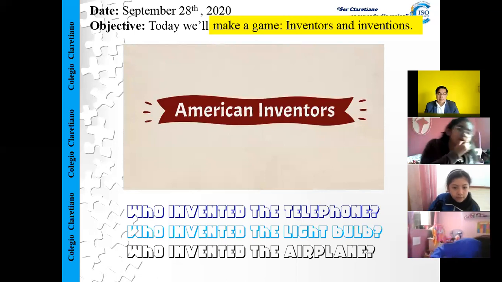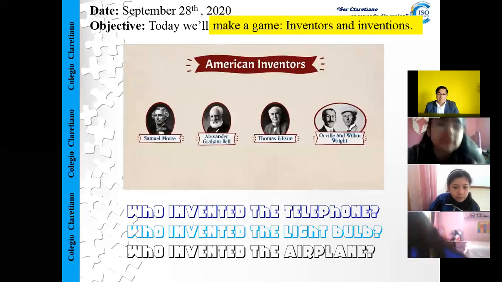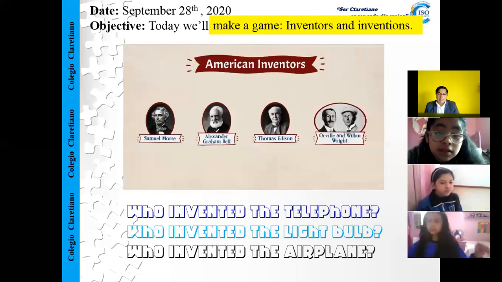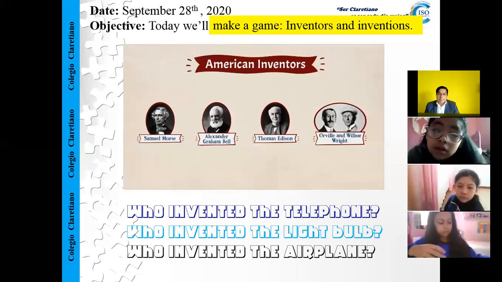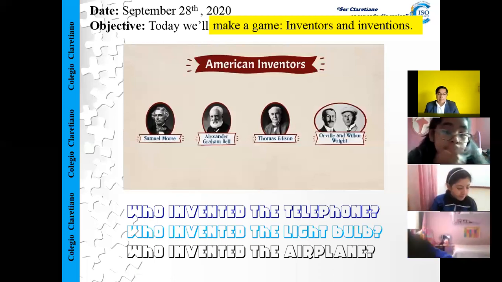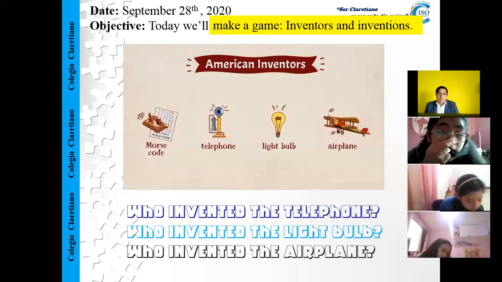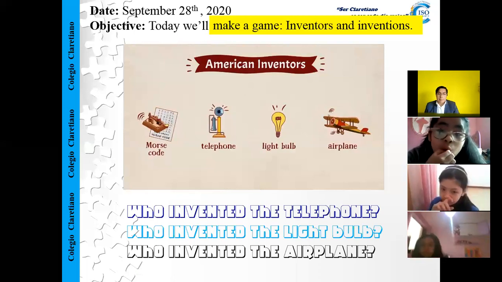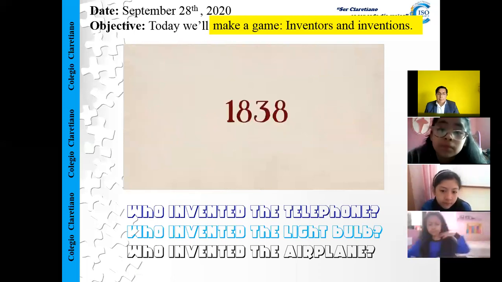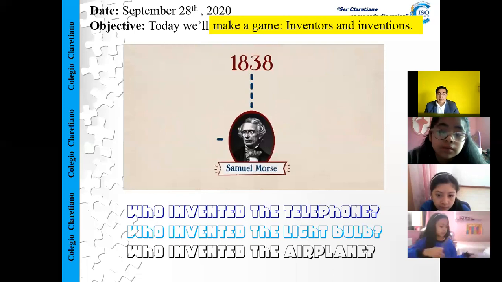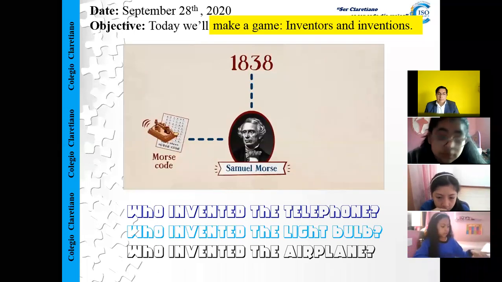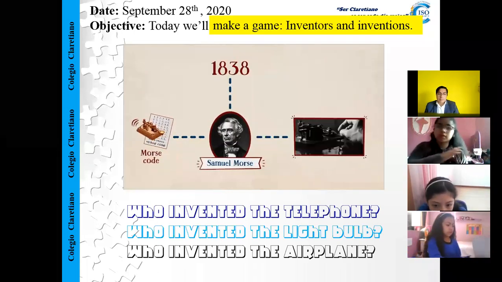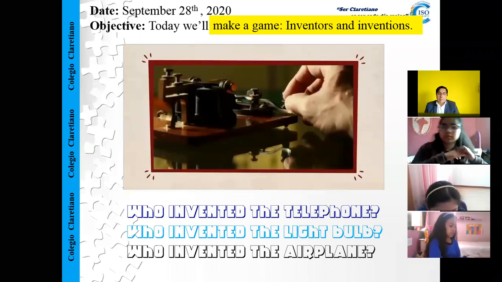An inventor is a person who creates something new. American inventors changed the way people live many years ago. In 1838, Morse introduced an electric telegraph with a special code system to help people send messages. He invented Morse code.